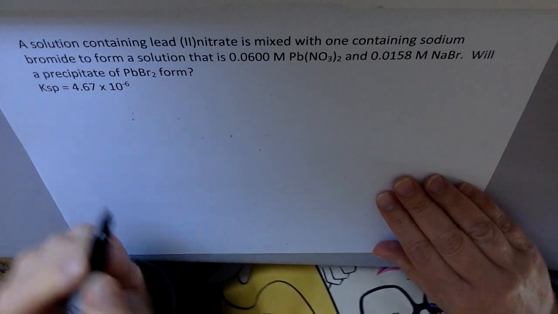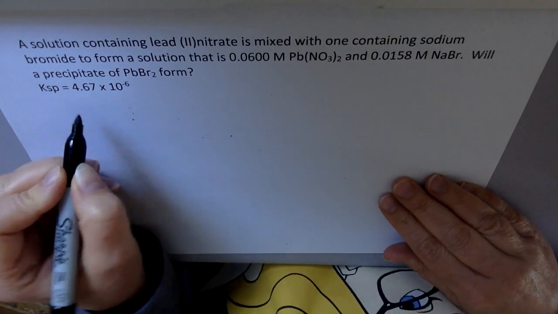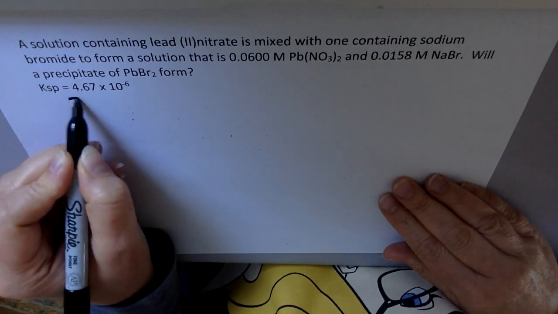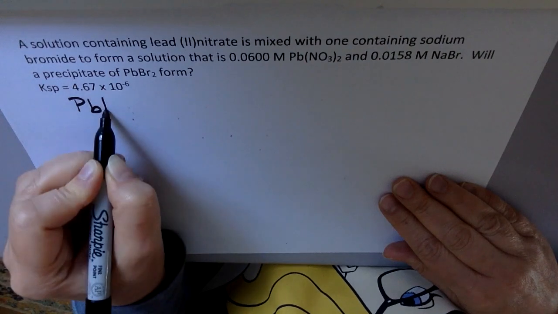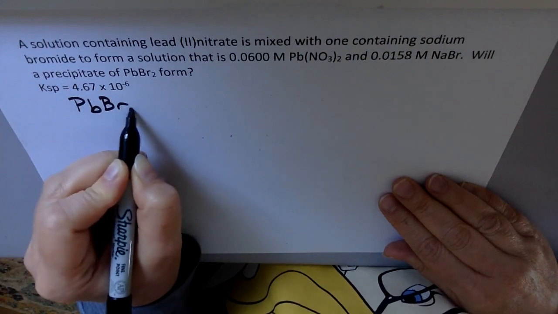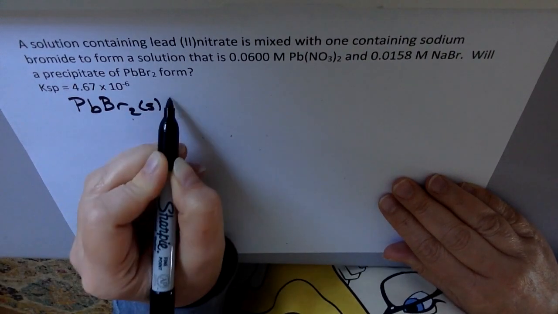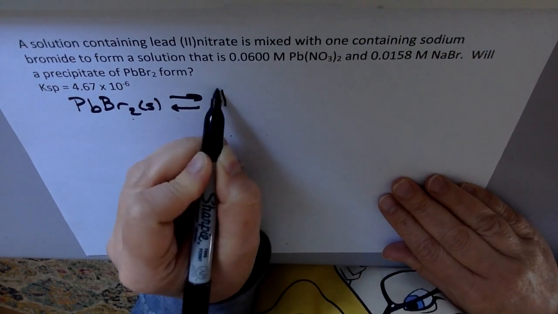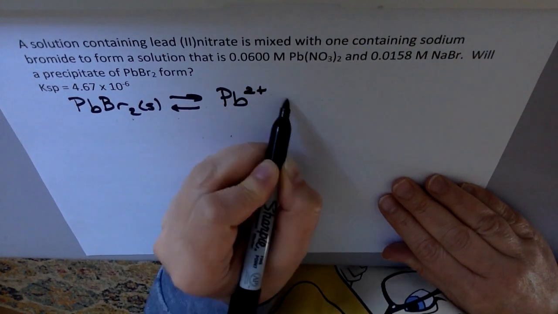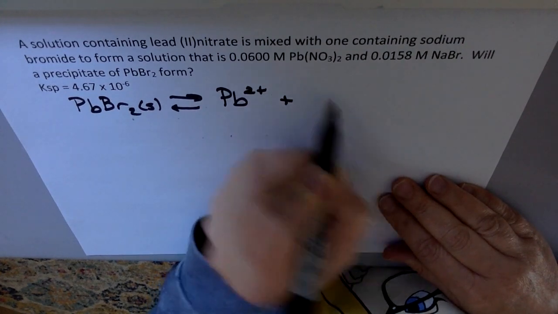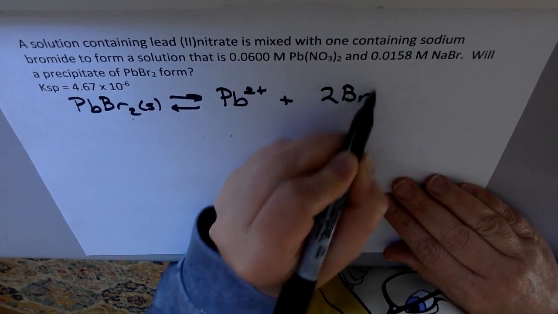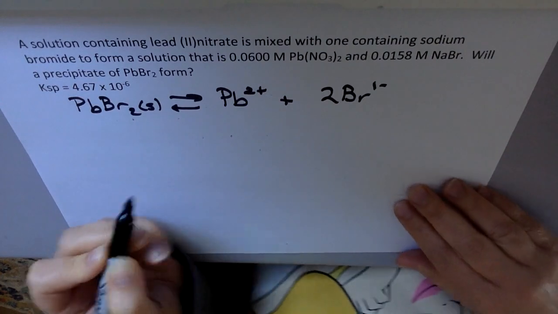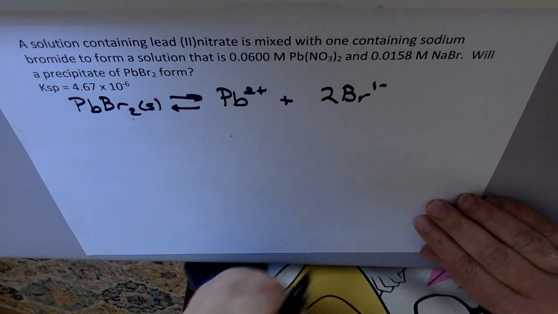Okay, so the first thing I always like to do is to just write out the equation. In this case, it's going to be lead-2 bromide, which is the solid, and it is going to dissolve slightly as lead ions and bromide ions. And we know what the Ksp is.